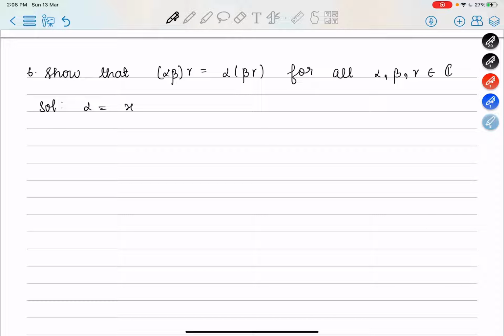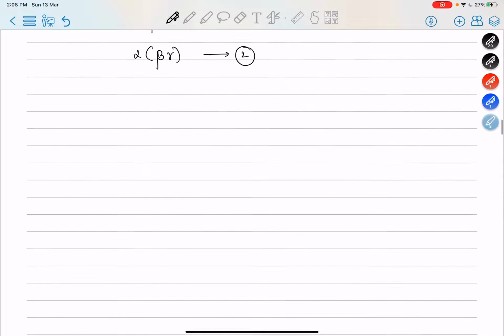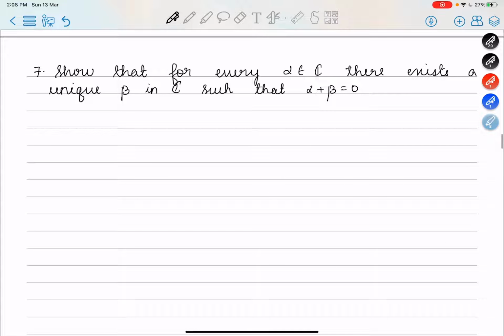Choose alpha as x1 plus iy1, beta as x2 plus iy2, and gamma as x3 plus iy3. First solve alpha beta gamma. This will be equation 1. Then calculate alpha into beta gamma, this will be equation 2, and compare and it will be the same thing.